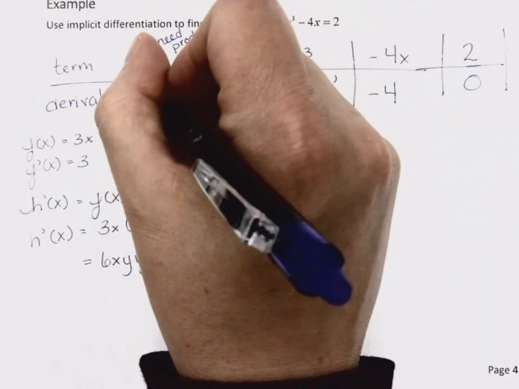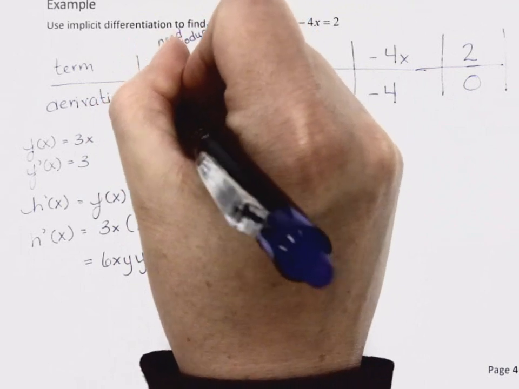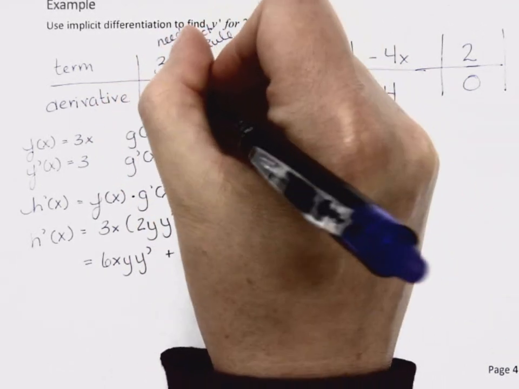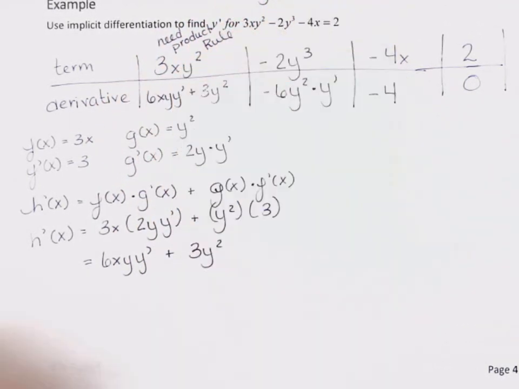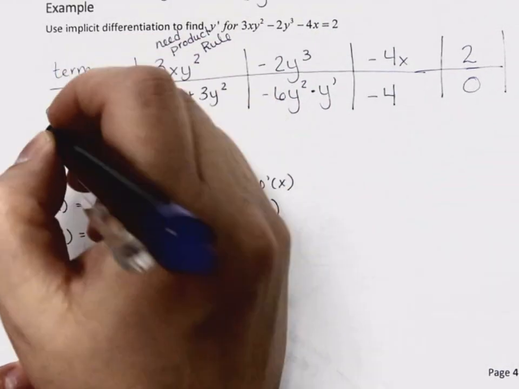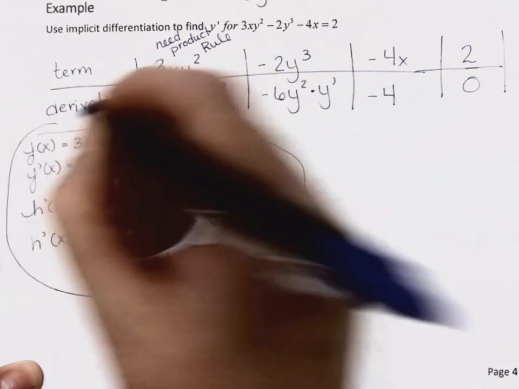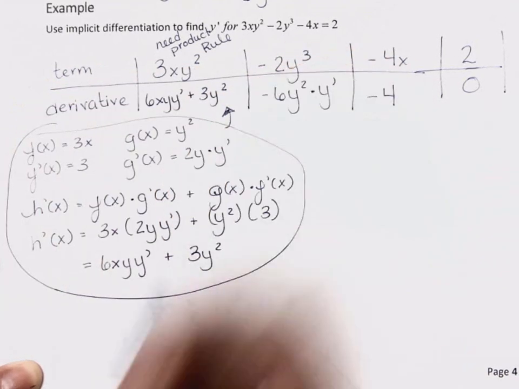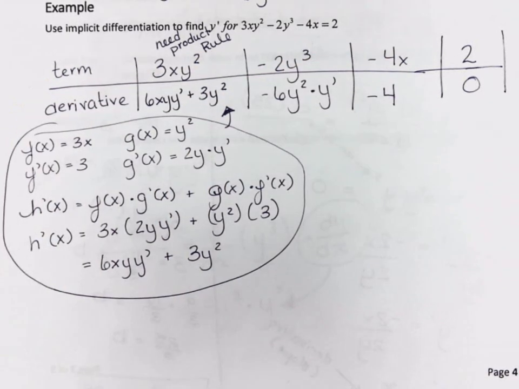So the derivative here is 6xy y prime plus 3y squared. Okay, so we needed all this math just to do that part of the table. Yeah. Okay, awesome.